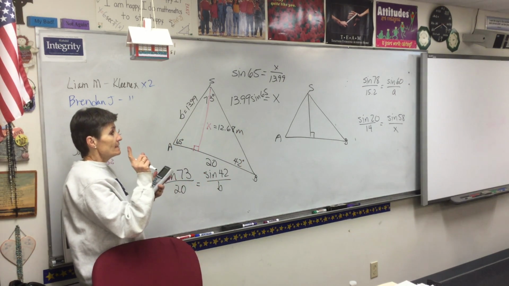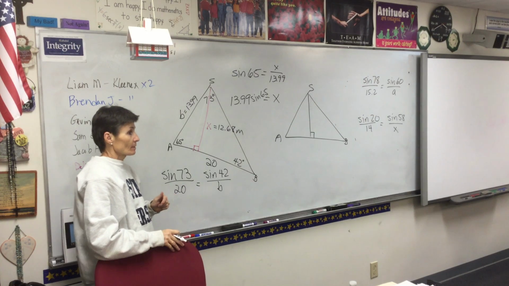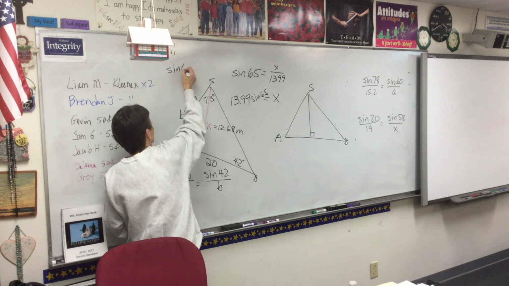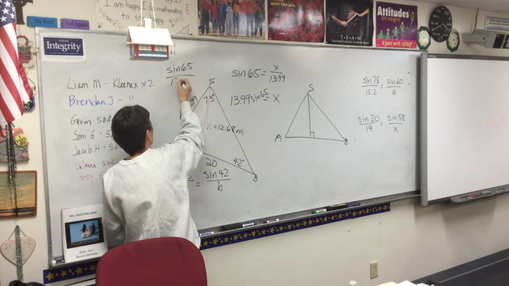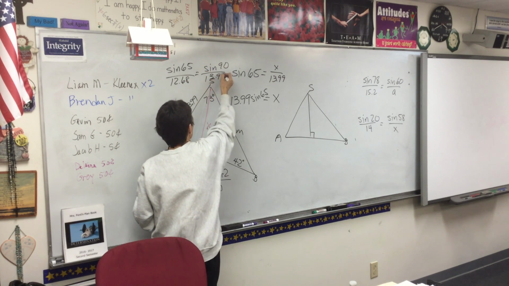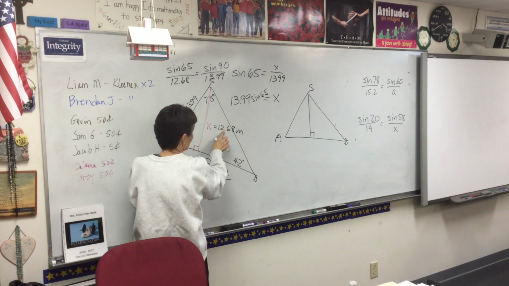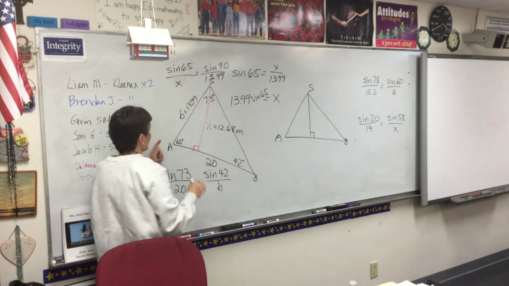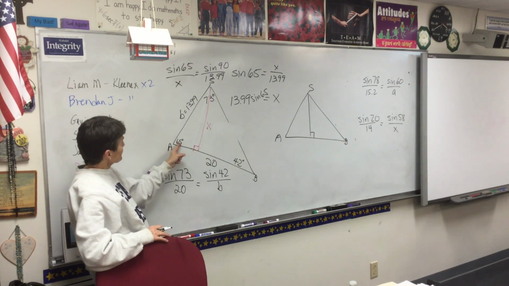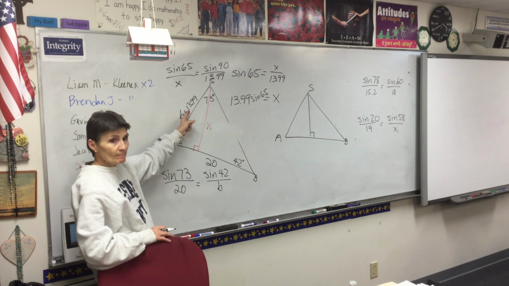Okay. Now, we're kind of in law of sines mode. So let's look at this right triangle right here. Could I say sine 65 over 12.68 equals sine 90 over 13.99? Wait, which one did I not know? I didn't know this, right? So sine 65 over x. Before I knew what that was, could I say sine 65 over x equals sine 90 over 13.99?